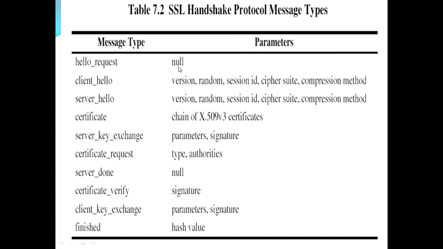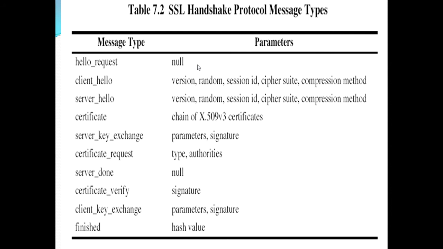Client and server both exchange the parameters: version, random number, session ID, cipher suite, compression method. That all has to be discussed between the client and server. If they agree, they exchange the authentication information. Only after both agree on these parameters do they go for the remaining steps.